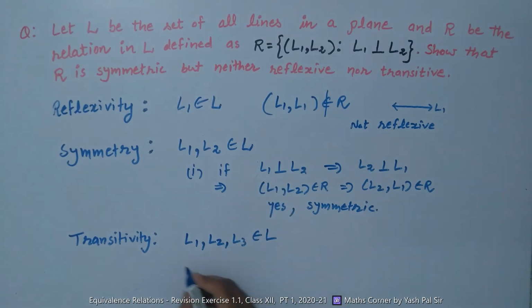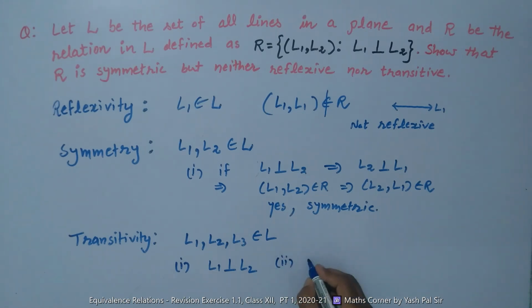First of all, the first condition is satisfied, that is L1 is perpendicular to L2, and the second condition is satisfied, that is L2 is perpendicular to L3. So we shall check whether L1 is perpendicular to L3 or not.